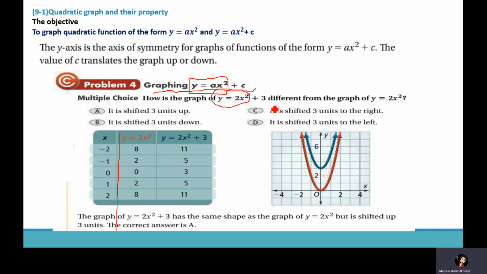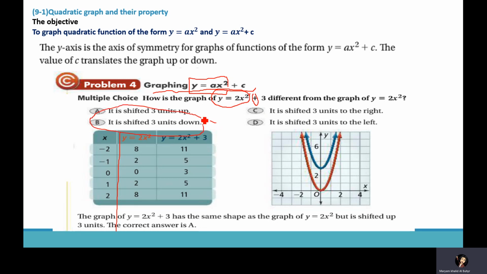You will move all this graph 3 units up. If you have this one negative, you will move the graph 3 units down. This is the idea. So the answer for this one is: shift 3 units down.